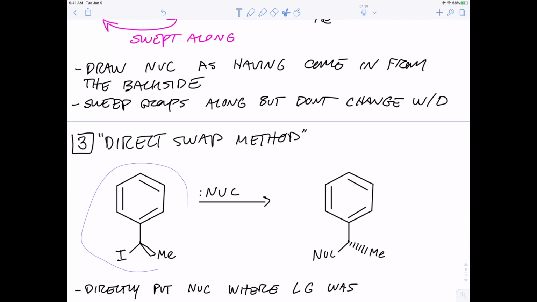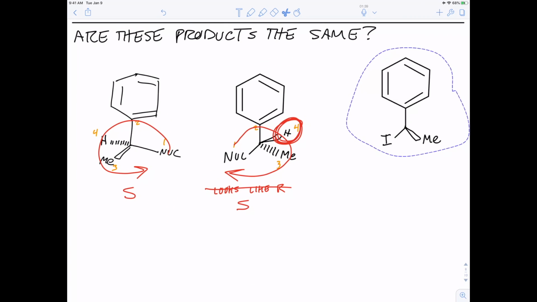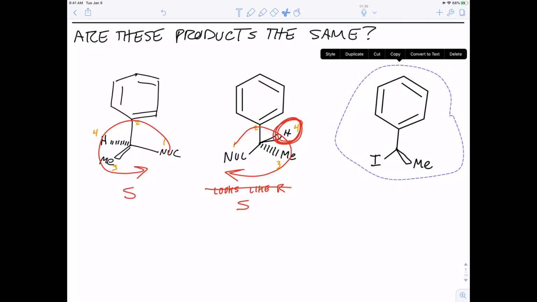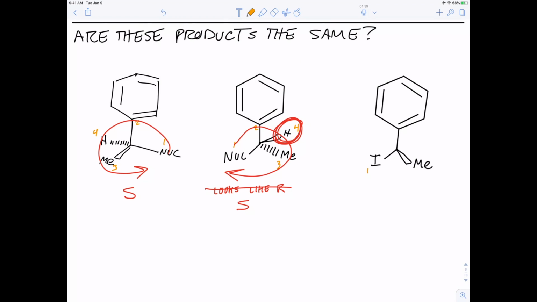And just to hit home about the inversion of configuration, let's take the starting material and bring that down for a little bit of analysis as well. So iodine is going to be our top priority, and then we know the other priorities from our previous designations. So now if we go around here from 1, 2 to 3, that is actually R, and now our lowest priority group is in the back, so that was indeed R to start with.